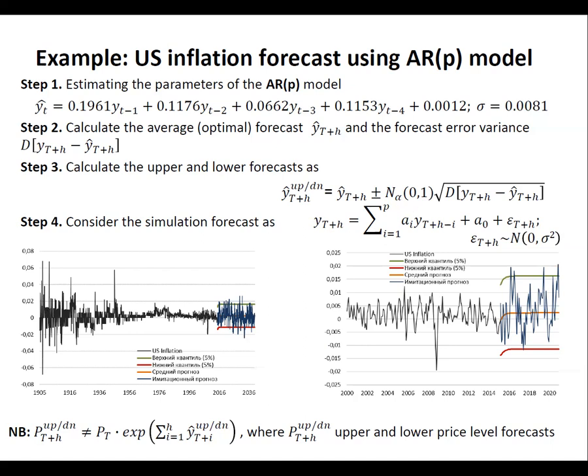And for normal distribution, we know that the boundaries, upper and lower quantiles, are the central value of the distribution. Here is the optimal forecast, the expectation of the forecast, plus in the case of upper forecast, minus in the case of lower forecast, the standard normal quantile with a given probability alpha, where alpha controls the required quantile of the distribution, the required confidence level.